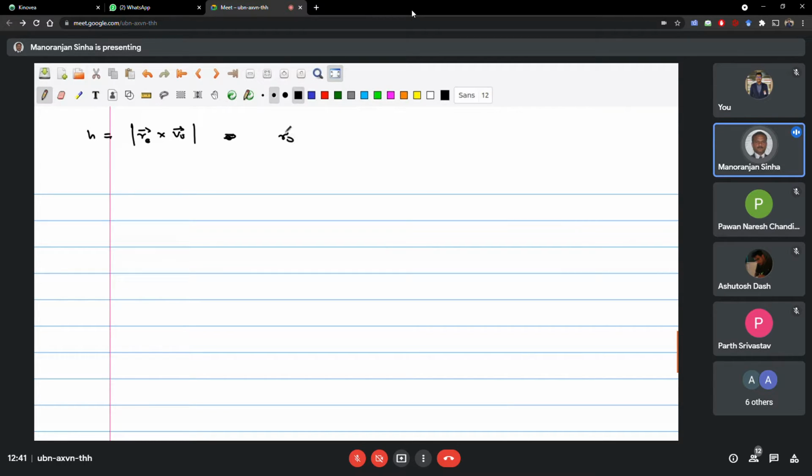So first of all, we need to work out R0 cross V0, which as usual we write in the form of a determinant and work it out.